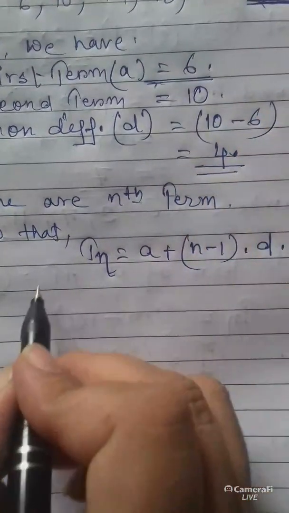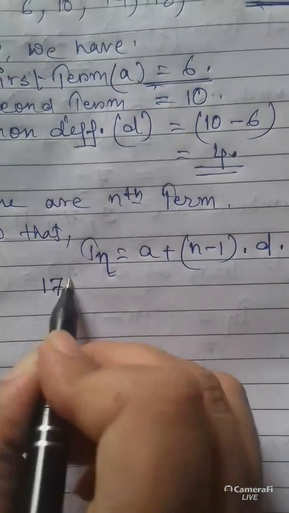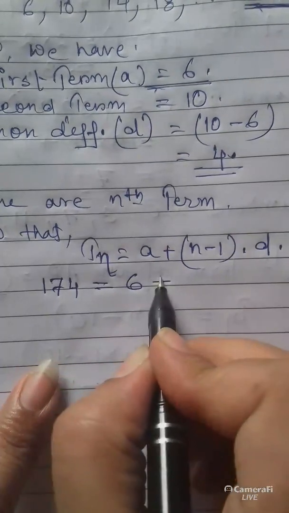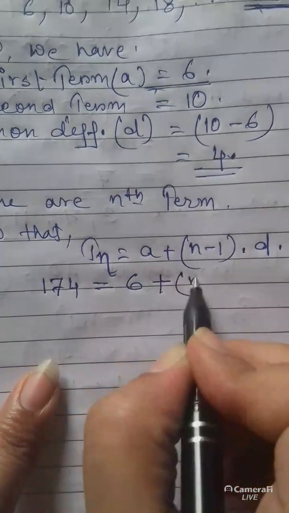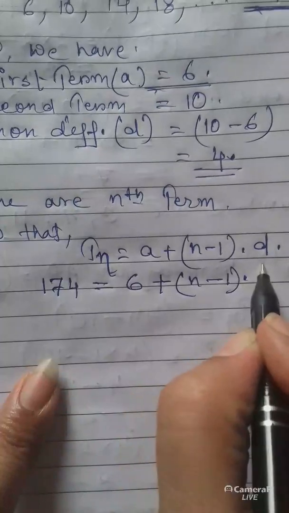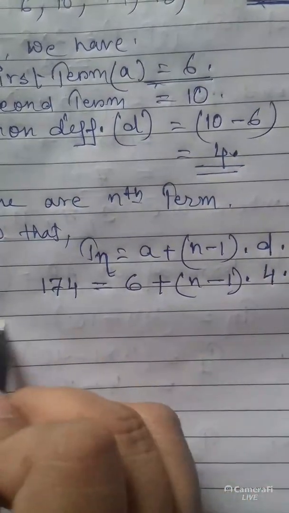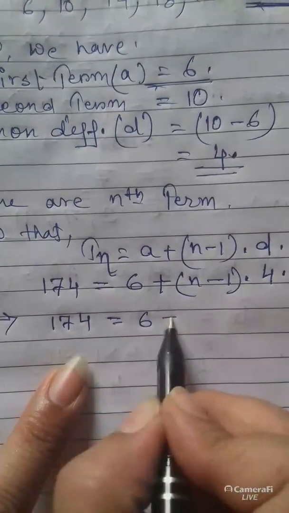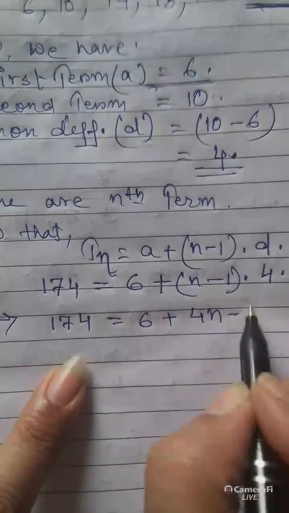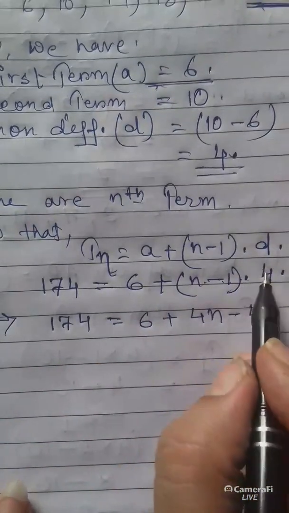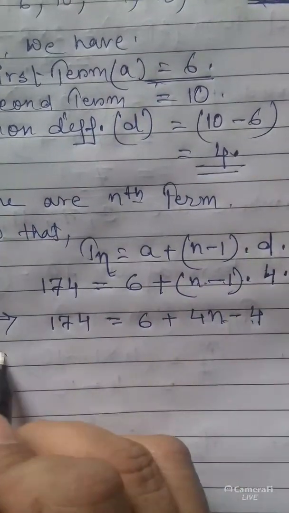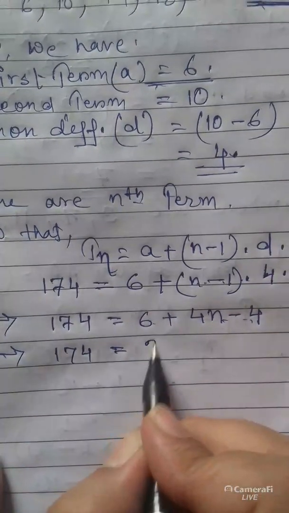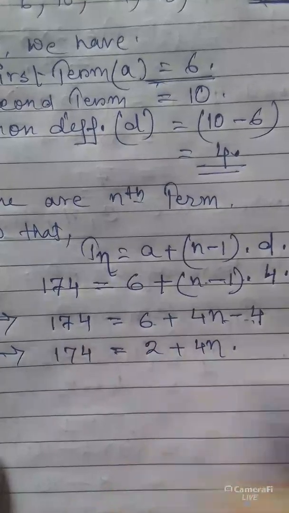So we can write 174 equal to A, which is 6, plus n minus 1 into 4, D equal to 4. Now we calculate it. 174 equal to 6 plus 4n minus 4, multiplying n minus 1 by 4. Now 174 equal to 6 minus 4, which is 2, plus 4n.